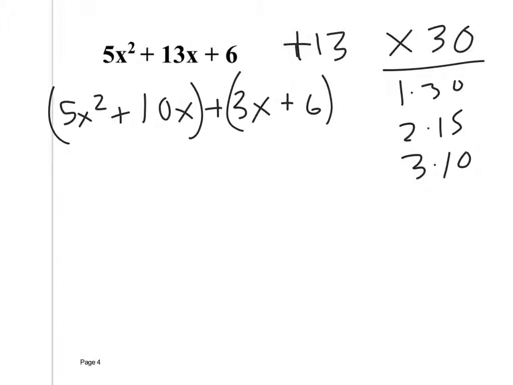What can I take out of 5x squared and 10x? 5x. I'm left with x plus 2. So I've got to make 3x plus 6 into x plus 2. What could I take out of 3x plus 6, Richard? 2. Wait, my bad. You can take the 3 out.